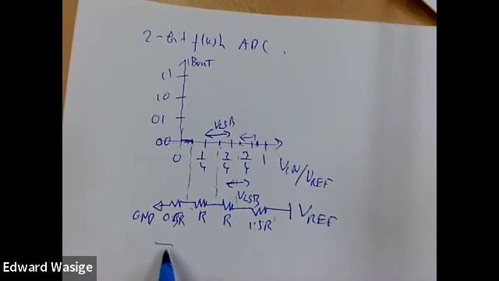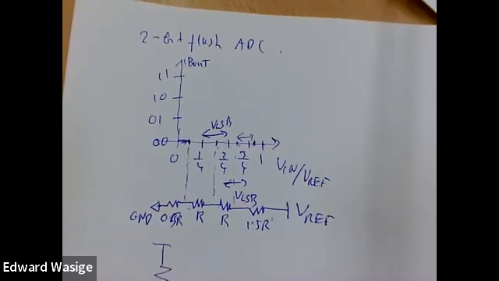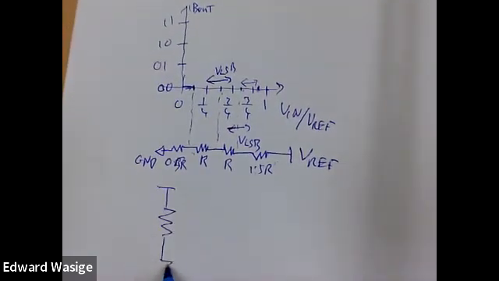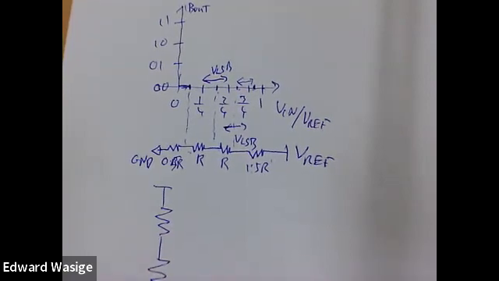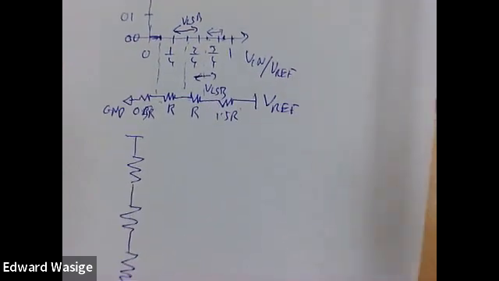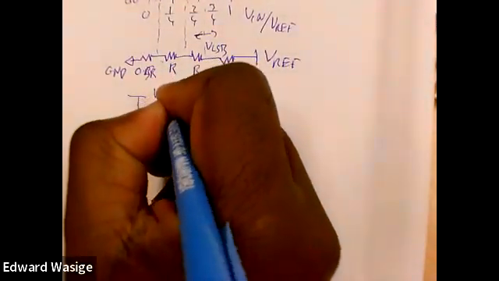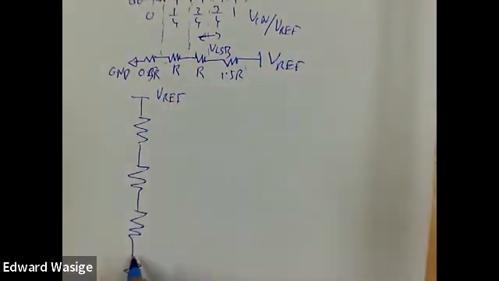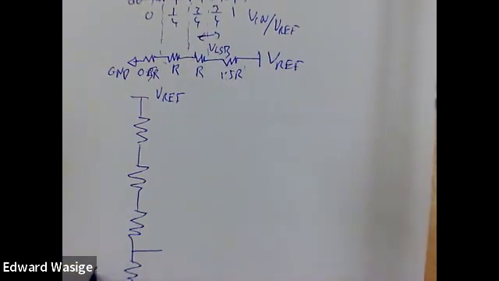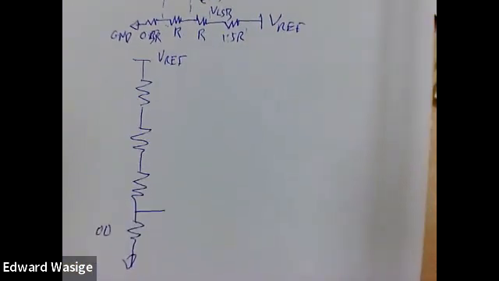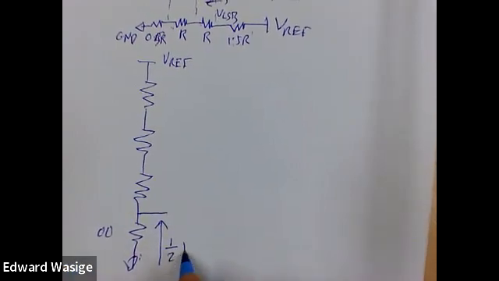So if I can draw it like this. So first of all, we need 4 resistors. And this is Vref. And for 00, I'll explain it slightly differently. For 00, any voltage is from 0 to half VLSB, so the voltage drop there should be half VLSB.